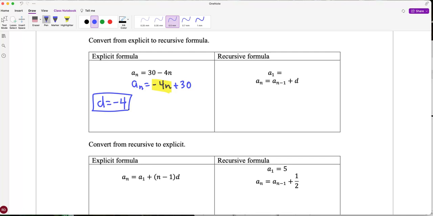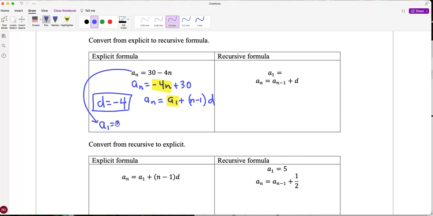To get the explicit formula, it's going to be what? AN is equal to A1 plus n minus 1 D. So I just need to figure out what is A1. Well, I can use this formula.